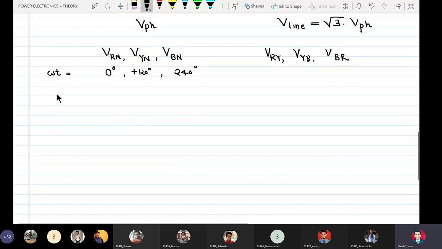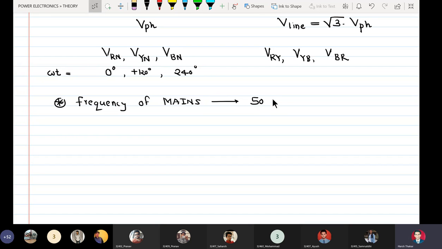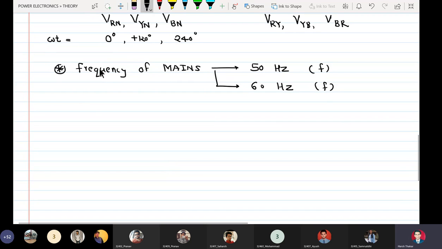Another important thing is that there is a frequency associated, the frequency of mains. It can either be 50 hertz or 60 hertz, and this is called F, the supply frequency.